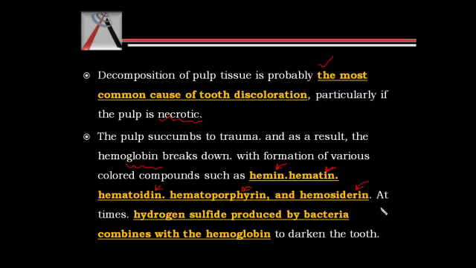Other than that, some of the bacteria produce hydrogen sulfide, and this hydrogen sulfide can combine with hemoglobin to darken the tooth. And this is an important MCQ. So this was a brief recap of the causes of tooth discoloration. With this, we'll move on to bleaching.